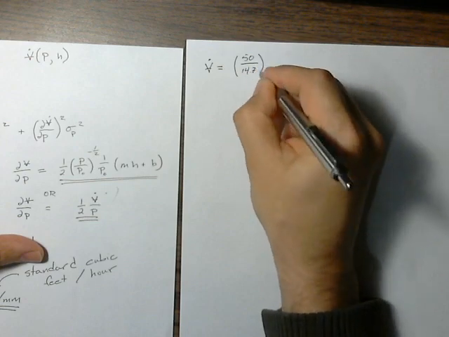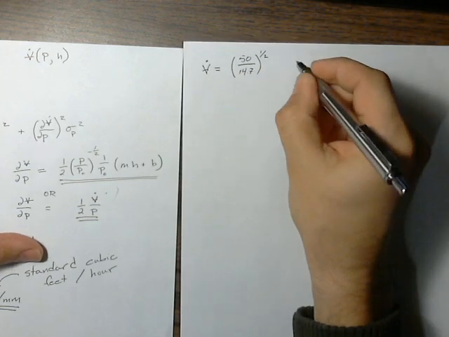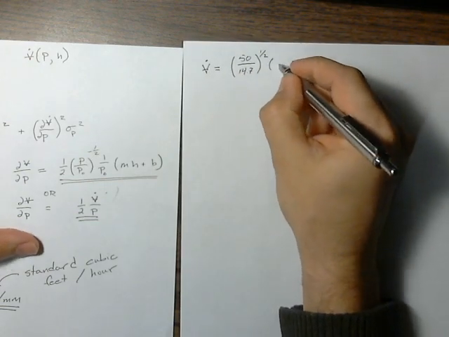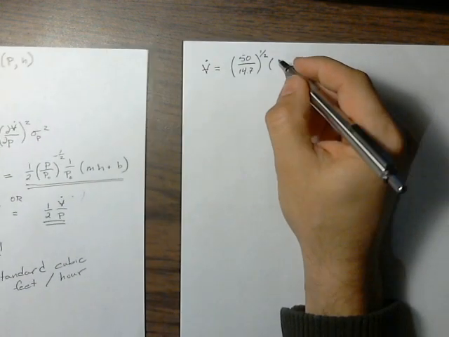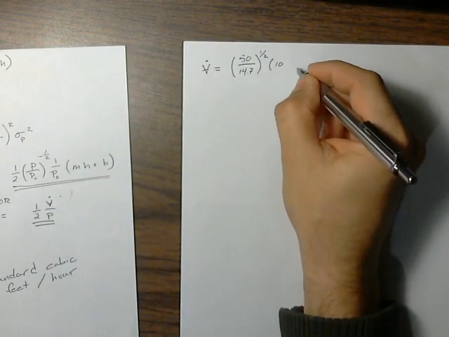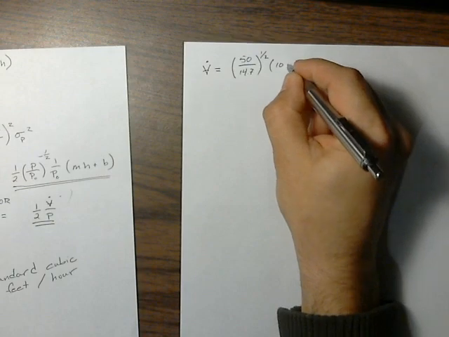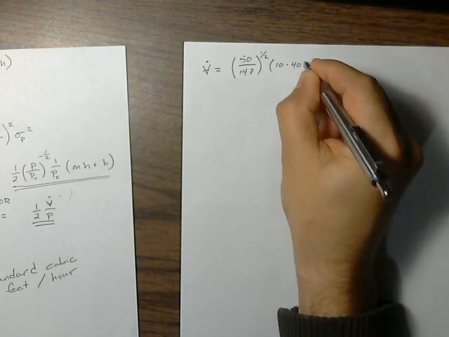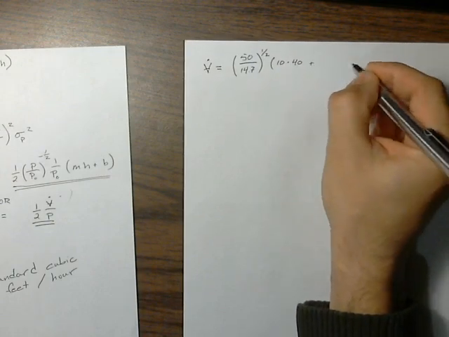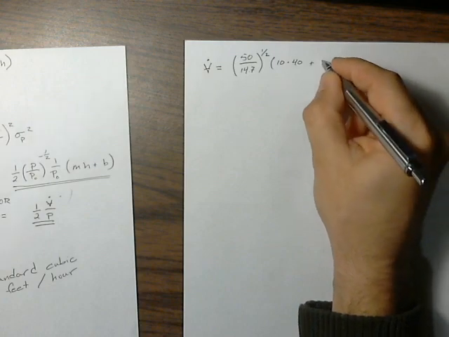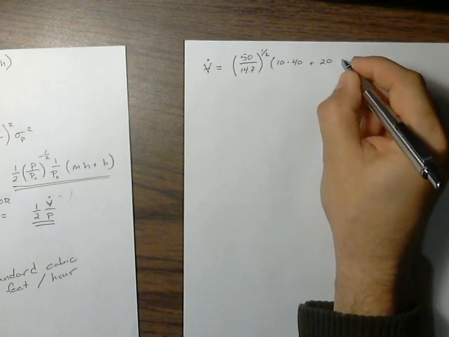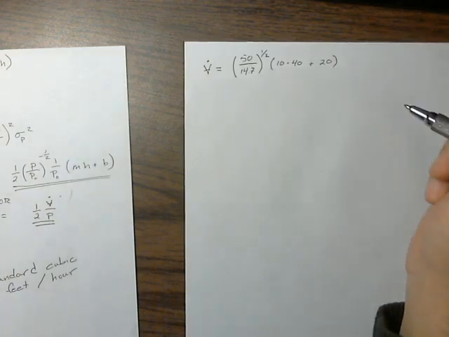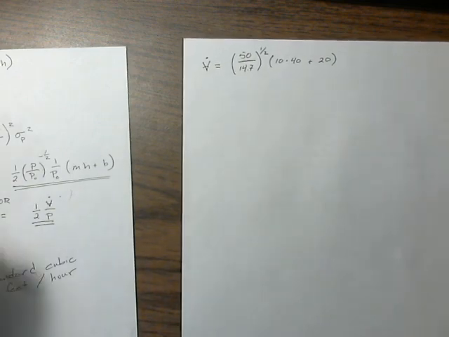I'm going to get lazy with my units. So that's a square root. M was, I said, 10 SCFH per millimeter, and then that's going to be times 40 millimeters, plus the offset, which was 20 SCFH, just to get the ball to lift off of its seat. Okay, so we can evaluate that.